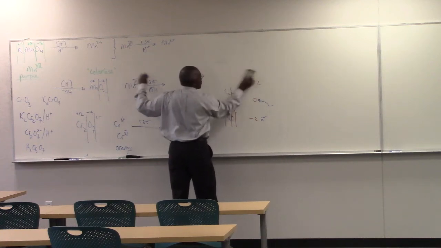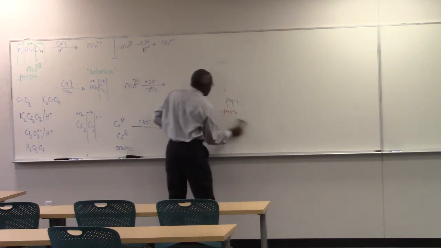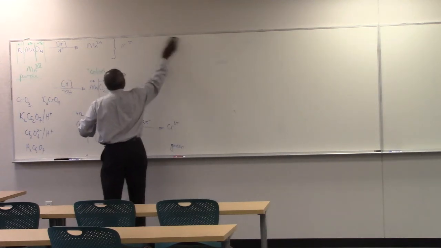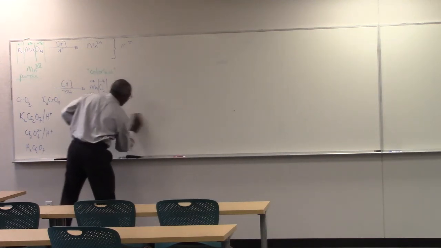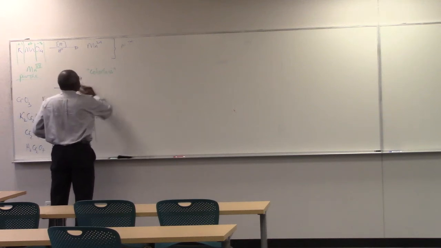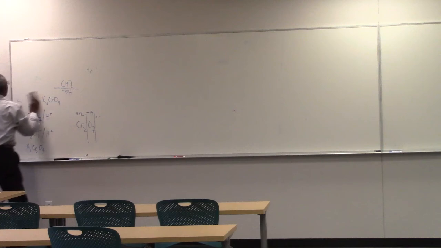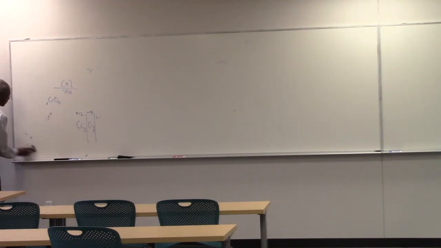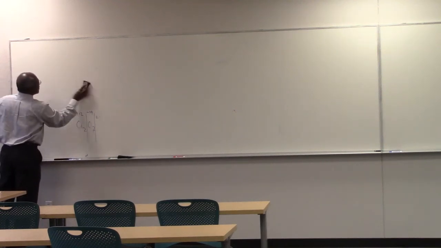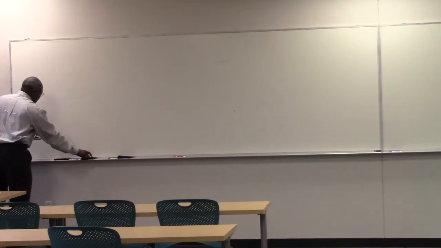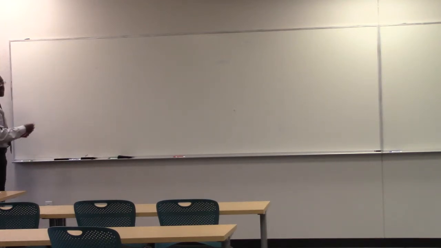You copied it down and you're ready to use it, because we won't have it on the board anymore. So we're going to ask, how many equivalents of a given oxidizing agent, say, will we need to carry out a certain reaction?